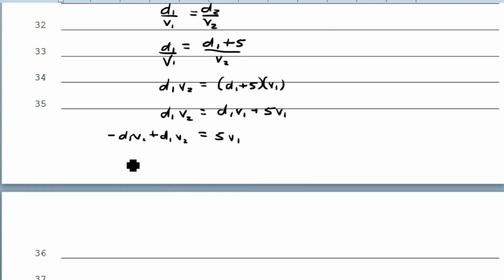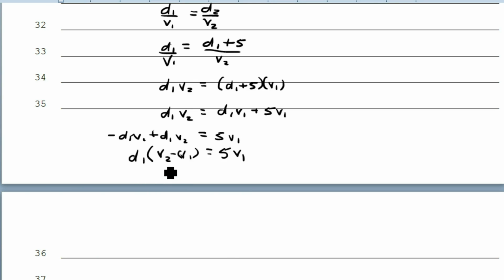You can factor out the D1, and that'll leave us with V2 minus V1 equals 5 V1.